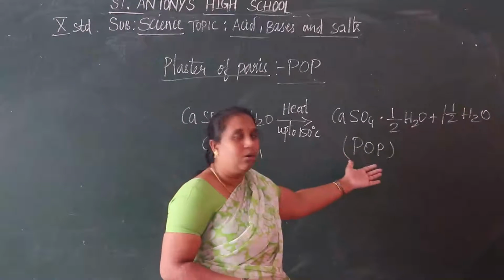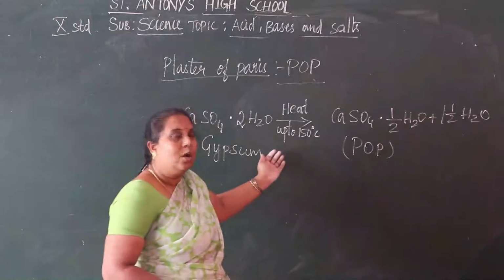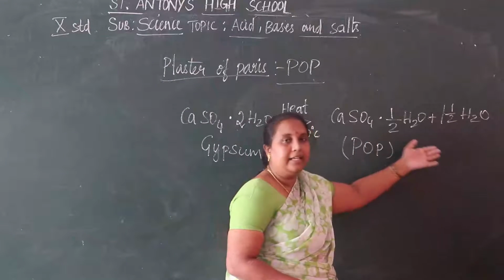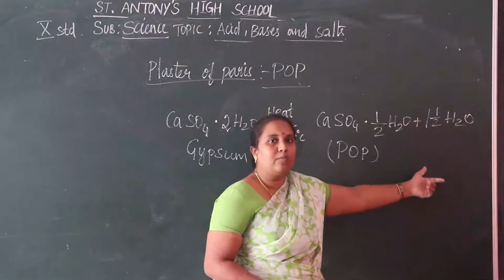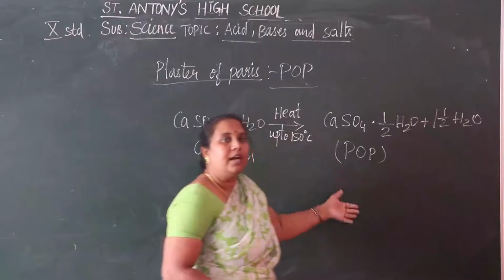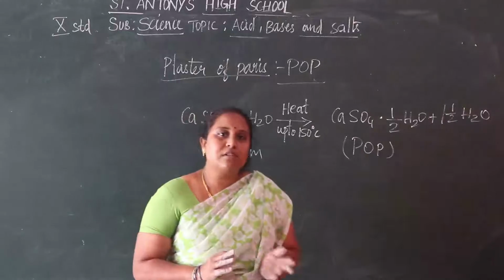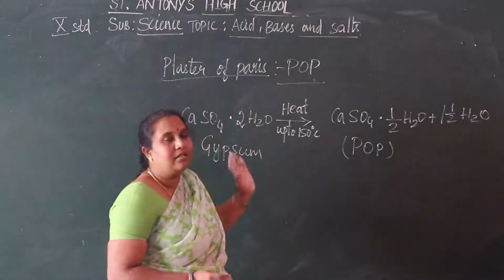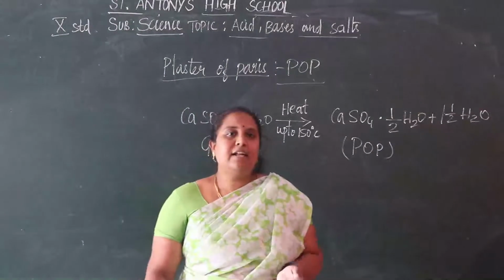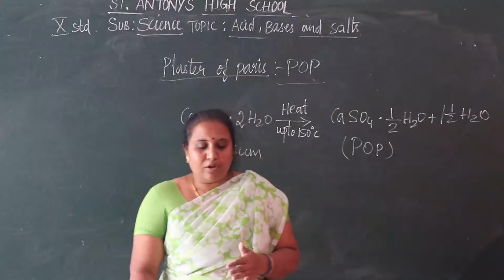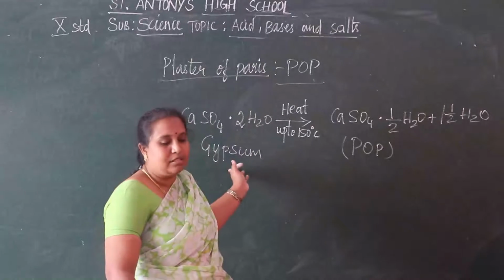This reaction is also a reverse reaction. When we add 1.5 H2O water molecules to POP, we get gypsum again. After addition of water, plaster of Paris is converted back into gypsum.